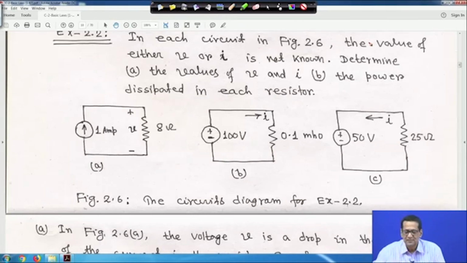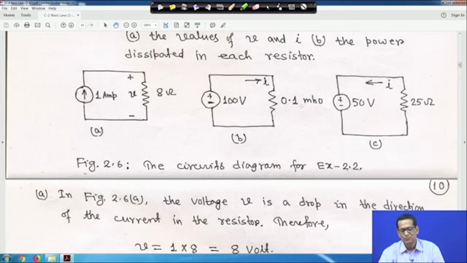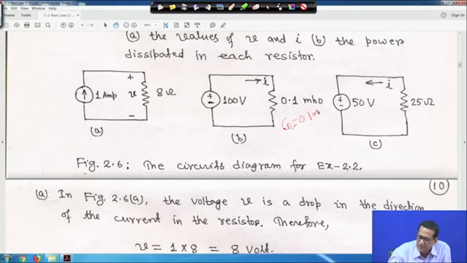Similarly, in this circuit the conductance G is given as 0.1 mho. The voltage is given as 100 volt, and you have to find the current.